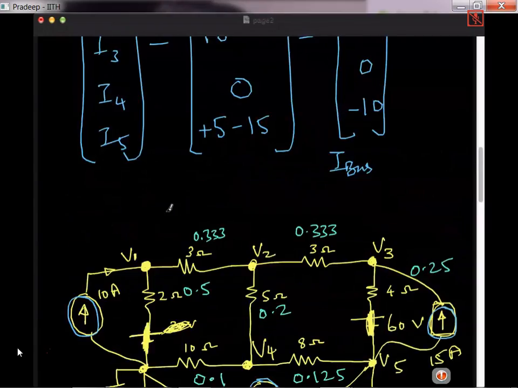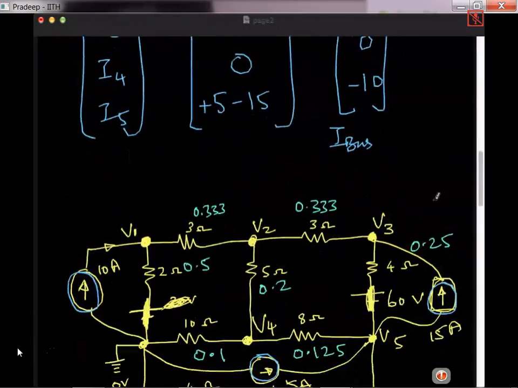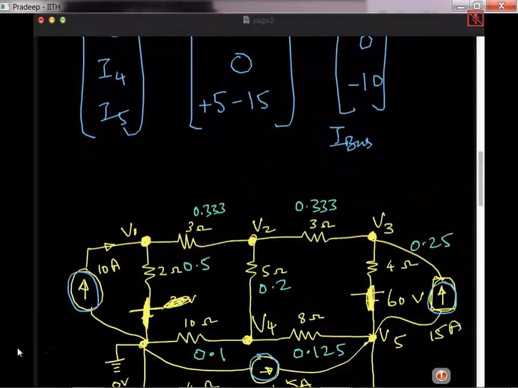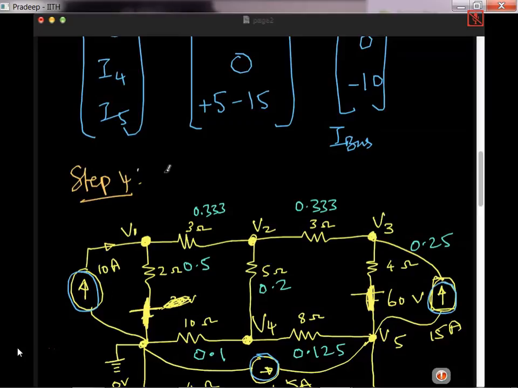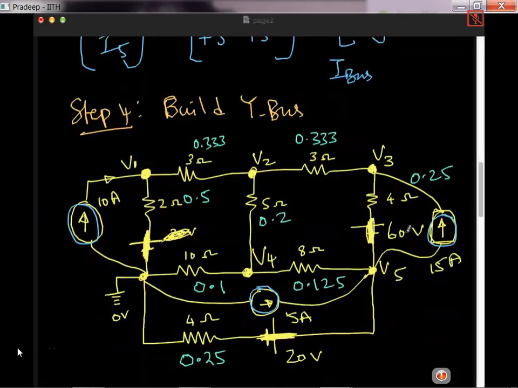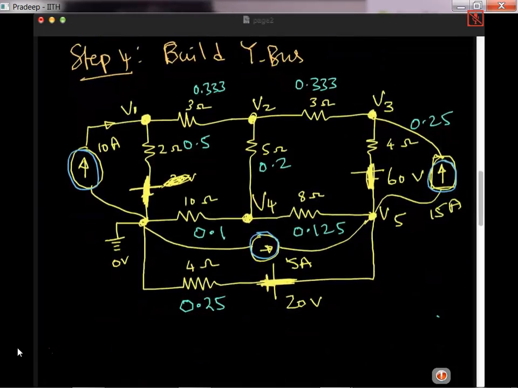So what is the step we are in? Step 4. Build Y bus. So how do we build Y bus for this?